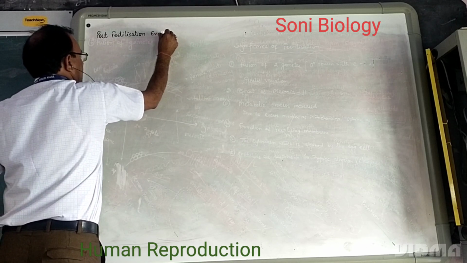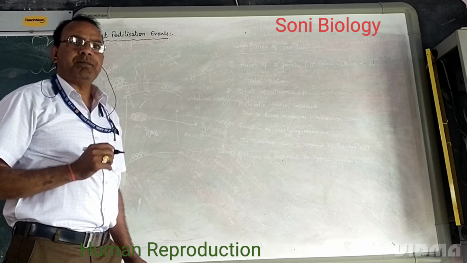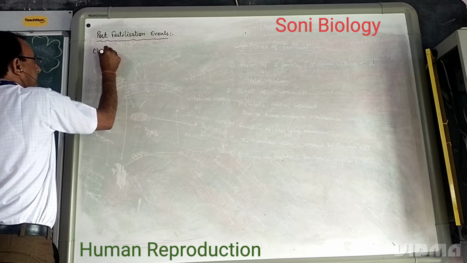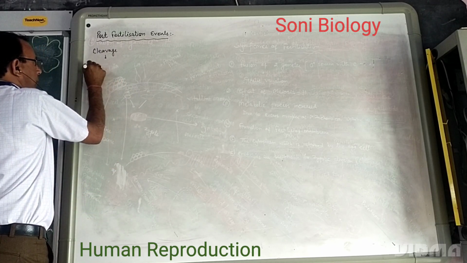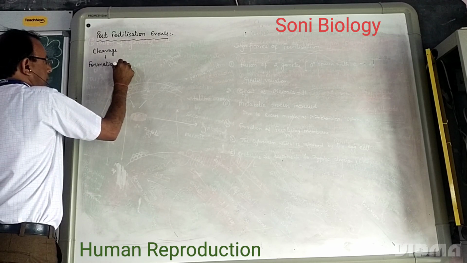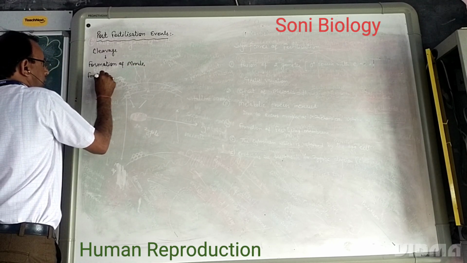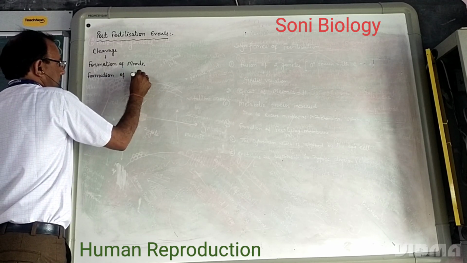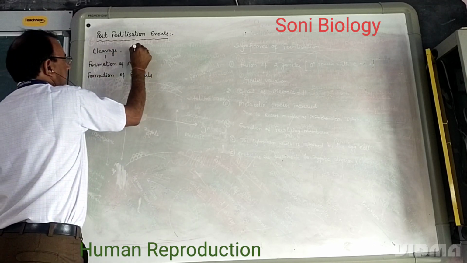The events which occur after fertilization are called post-fertilization events, such as cleavage. It means division of cell. In cleavage, formation of morula and formation of blastula. And after the cleavage, the next phase is implantation.